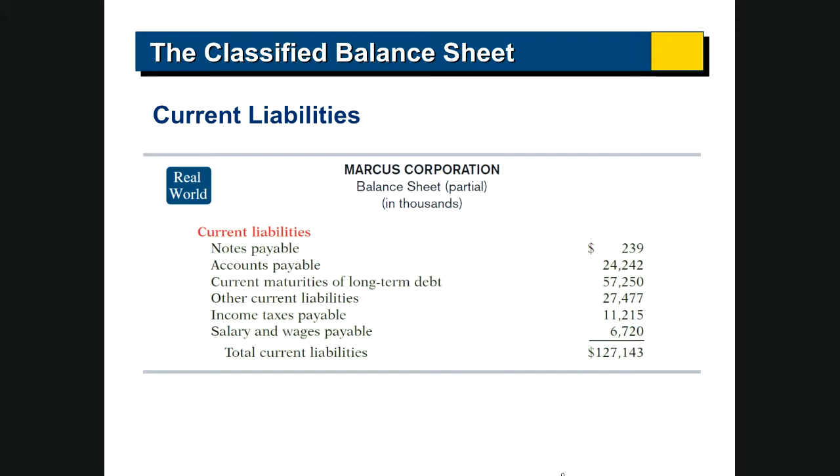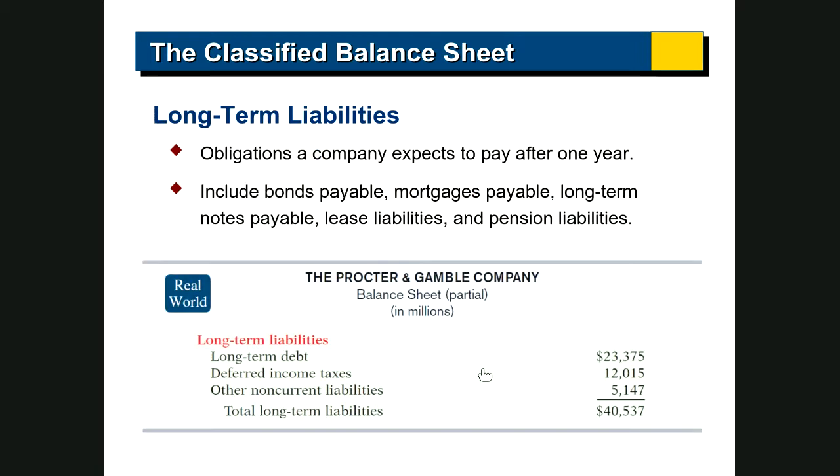Okay. The long-term liabilities are those which are due beyond the 1 year. So you have long-term debt, you have deferred income taxes, you have other non-current liabilities. All of these we'll discuss later, but these are things that are not due within the next 12 months.